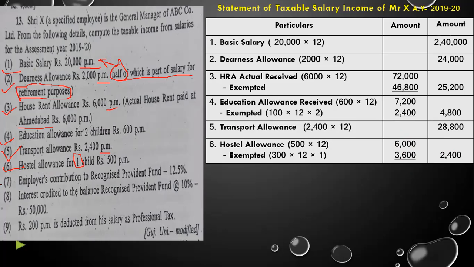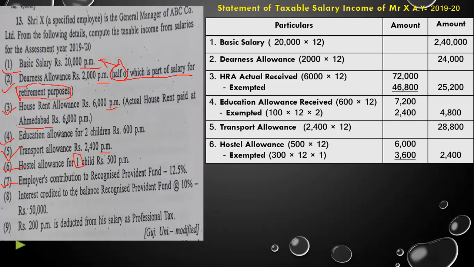Then employer's contribution to recognized provident fund. Always remember, employer's contribution to recognized provident fund will be calculated on basic salary. But basic salary means what? Basic salary plus, if any retirement purpose is there for DNS allowance, that DNS allowance will be added. So basic salary plus that retirement allowance, DNS allowance.